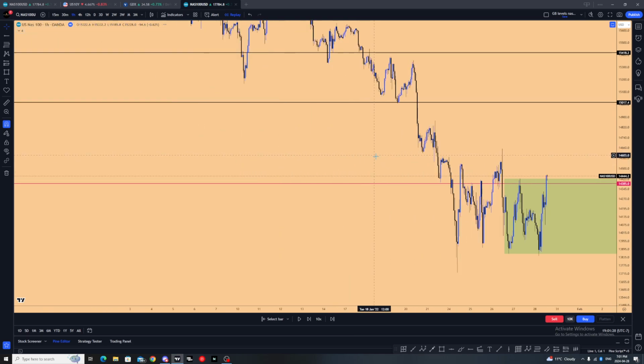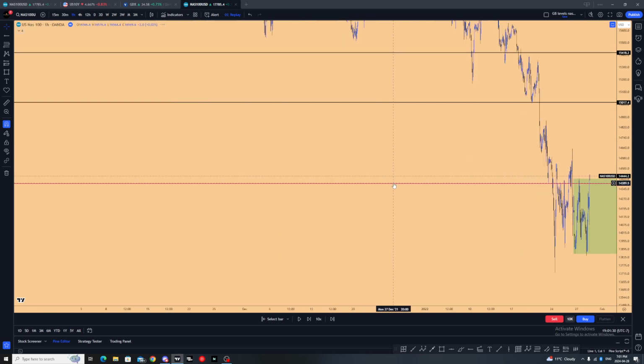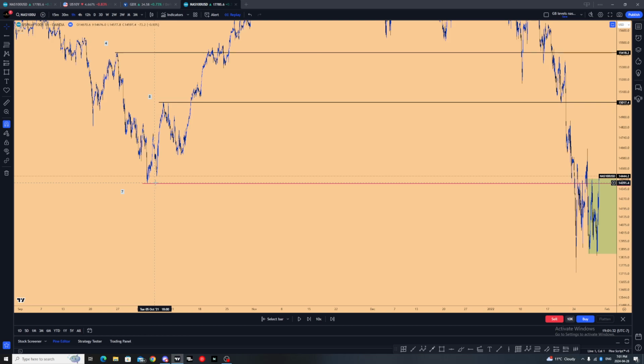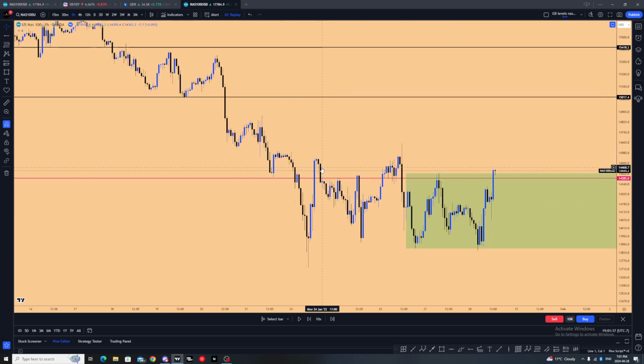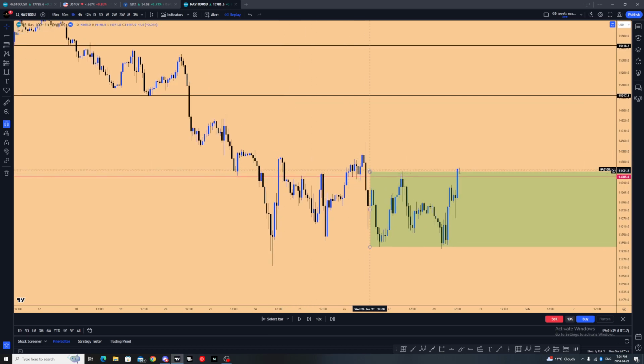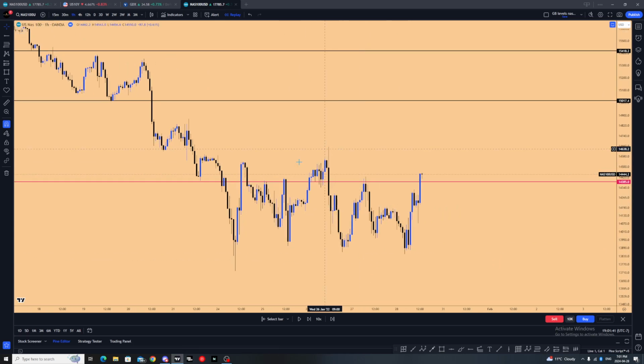Okay, so in this case, we know on the hourly chart that this is a very strong SR level. And when the market went up over here, I'm going to take this again, it formed this swing high. It's a very clear swing high in the market.